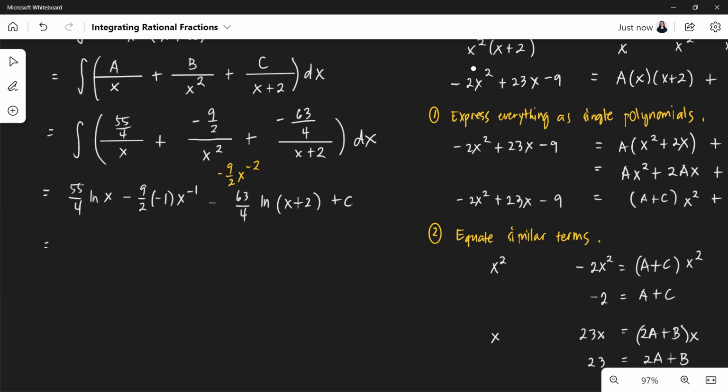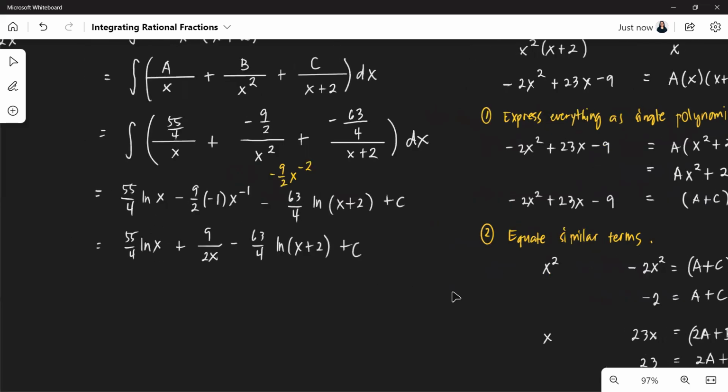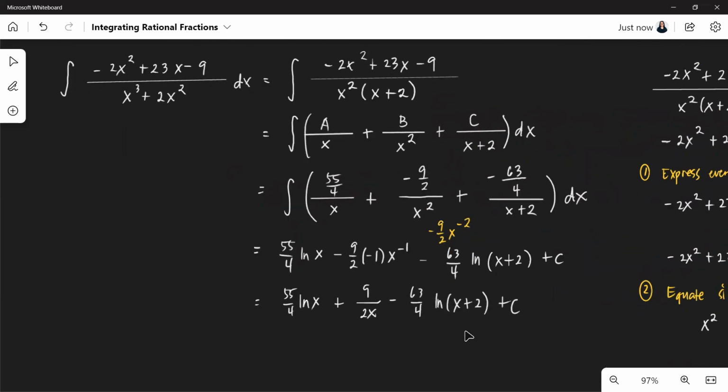Or write the second term as plus 9 over 2x. You transfer x to the denominator, so negative 1 becomes positive 1. Then minus 63 over 4 natural log of x plus 2, then plus c. So this is the answer for this one.